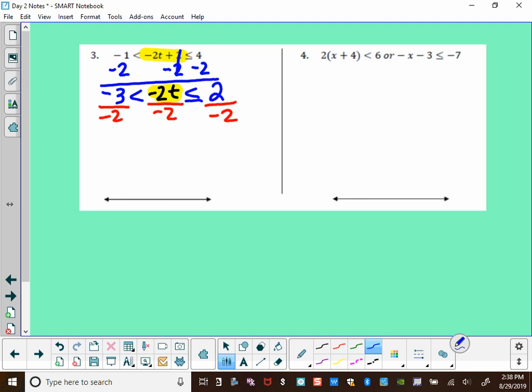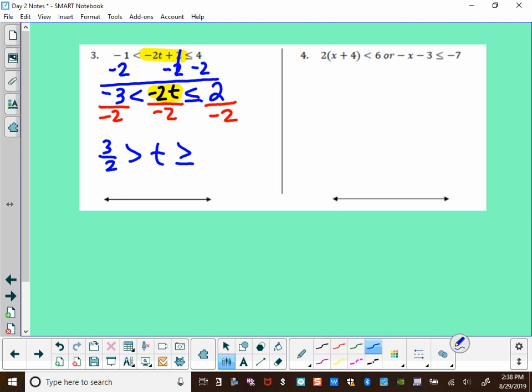So on the left side, negative 3 divided by negative 2 just becomes 3 halves. You can leave it like that if you want. But because I'm dividing by a negative, what happens to my sign? It flips. So my sign here is going to flip from less than to greater than. I finally have t by itself.